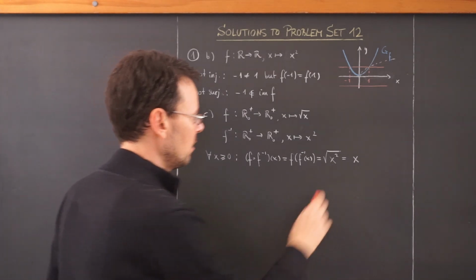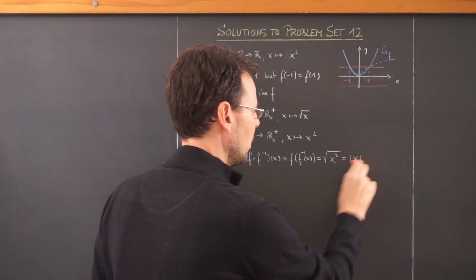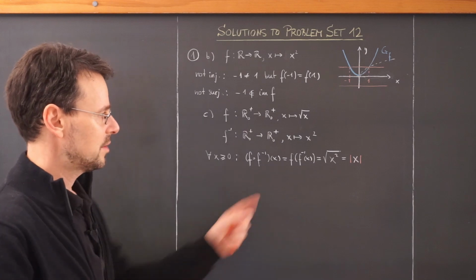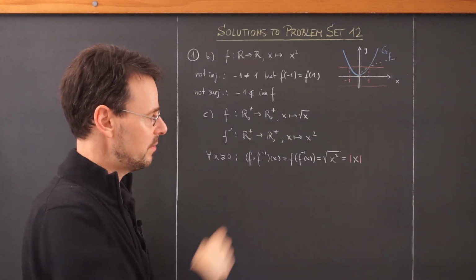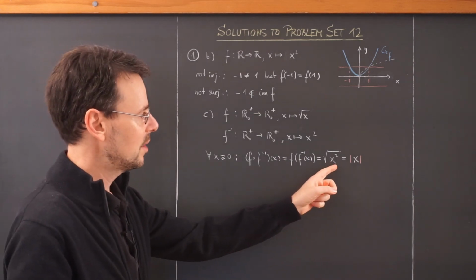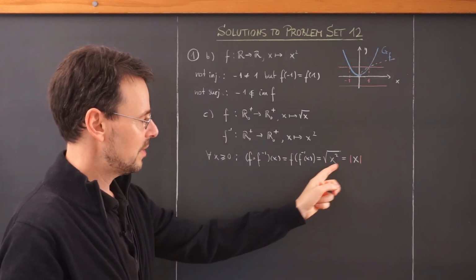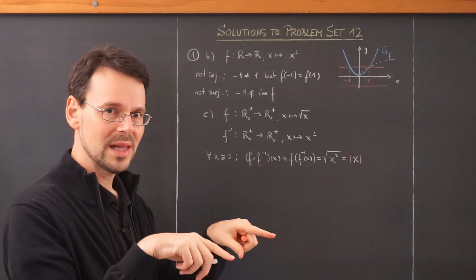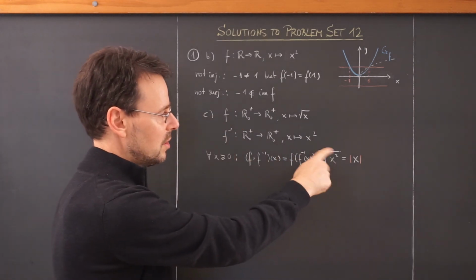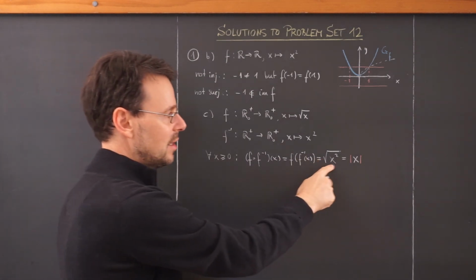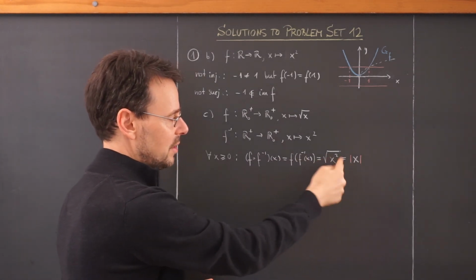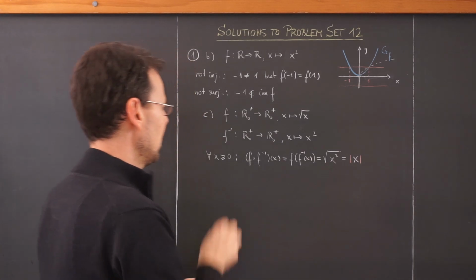So here, in general, the square root of x squared, shout out to my students at school, I always try to teach them that, is not x, but the absolute value of x, because by definition the square root is a non-negative number. So if x is negative, this cannot be true, that the square root of x squared is x.